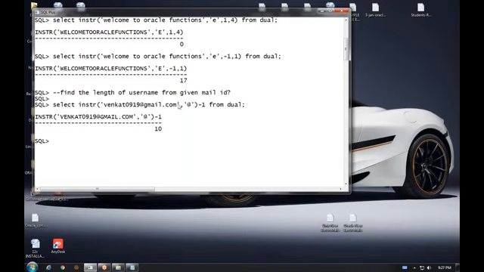What is the length of the username here? 10. Suppose Ajay1. Is it the correct username length? Yes.